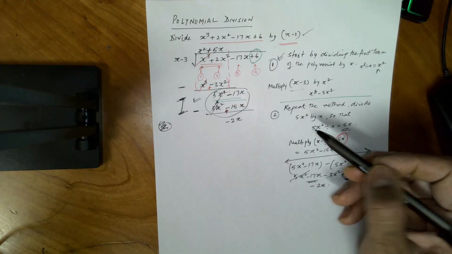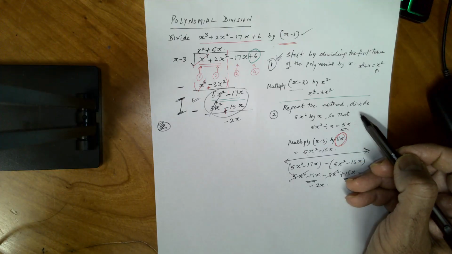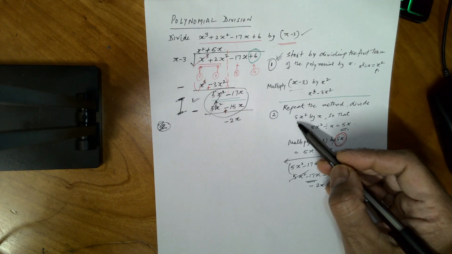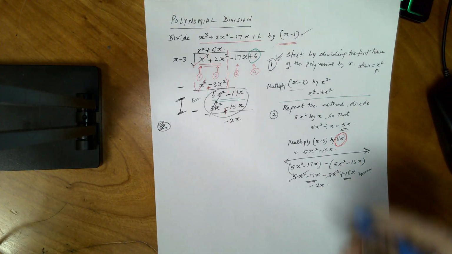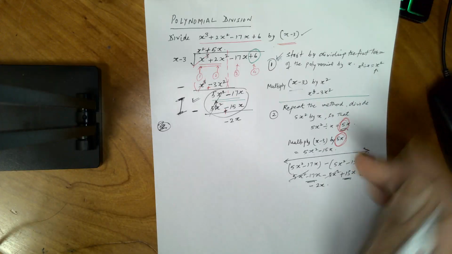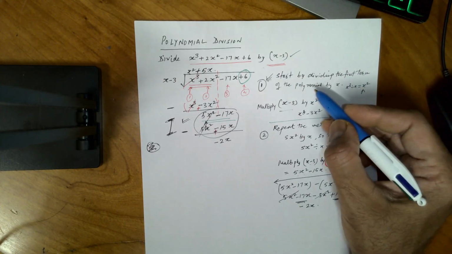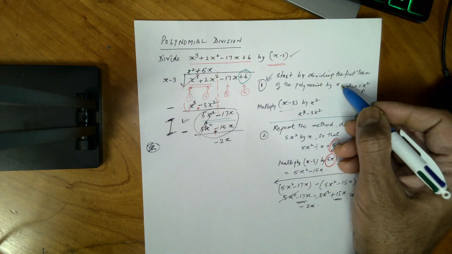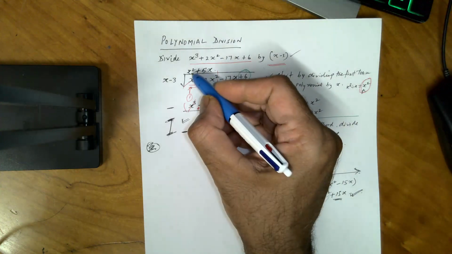You never forget, you actually repeat this method: you divide, and after you divide 5x squared by x, then you got 5x. So that will straight away go here. Same like when you did here, you divide the first term of the polynomial by x, and you got x squared, and that goes straight here.